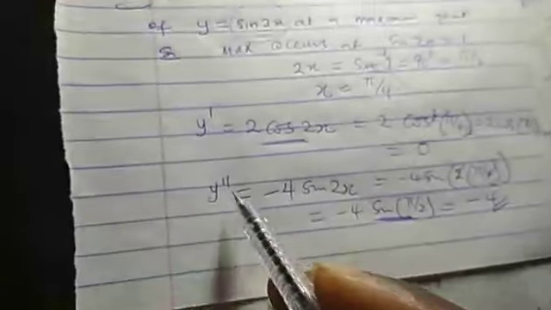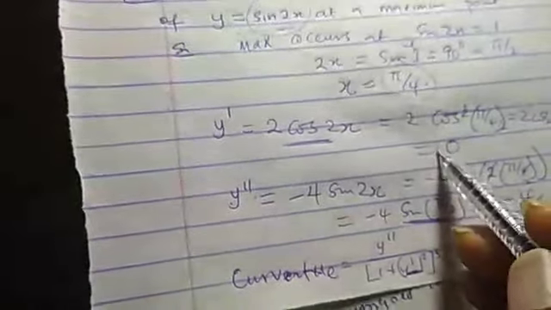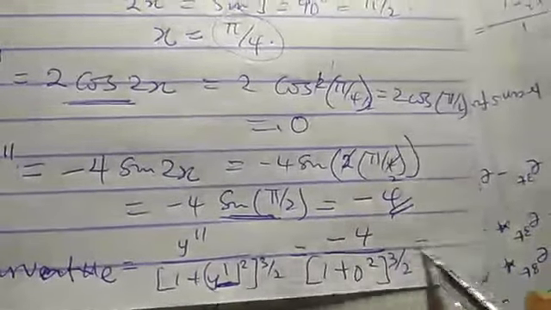So we have found the second derivative. Then the curvature. Let's say we want to find the curvature. The curvature is the second derivative over 1 plus y' all squared, raised to power 3 over 2. This gives me minus 4 over 1 plus 0, 0 squared raised to power 3 over 2.